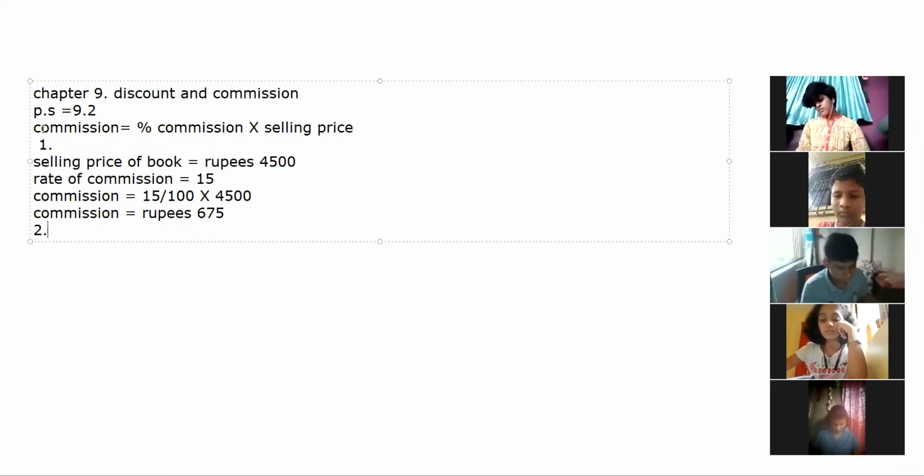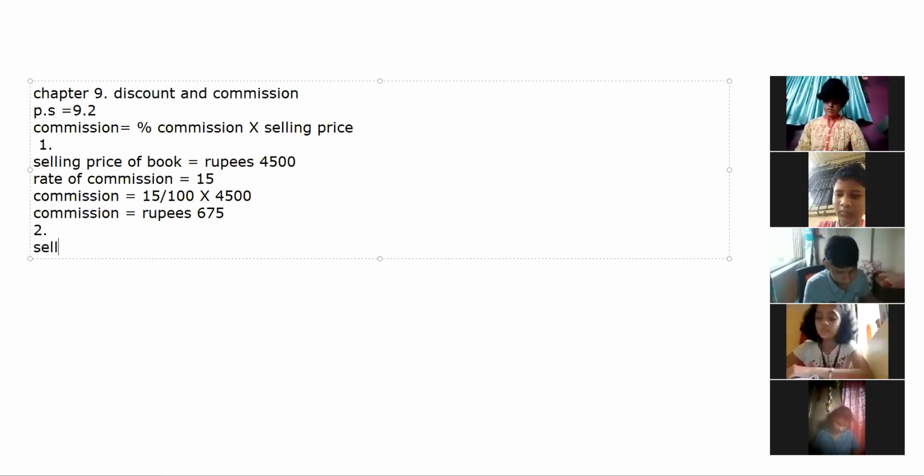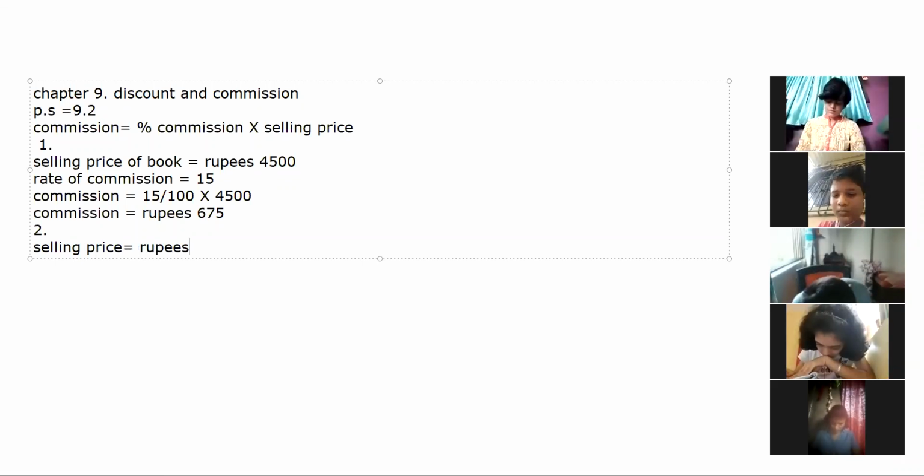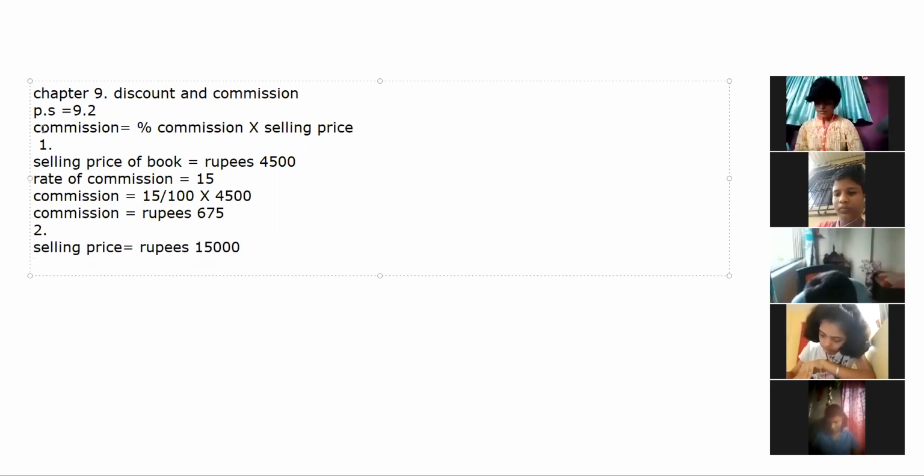So first of all, let's write what has been provided. They had provided you selling price, which is rupees 15,000. Then commission in percent form, so commission is 4%.